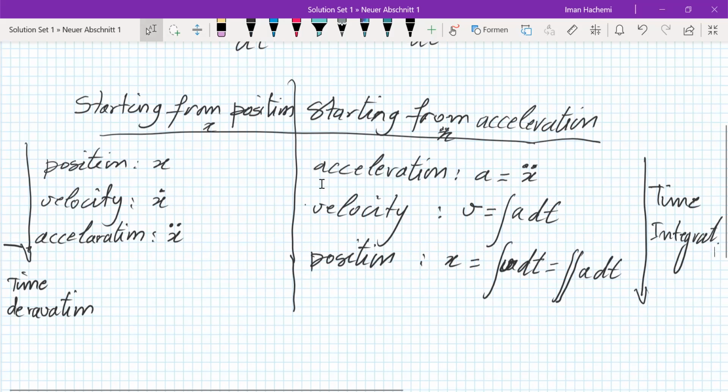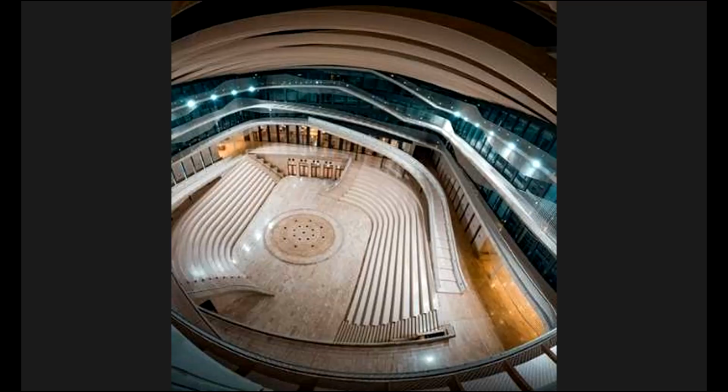And if we have the acceleration, in a certain case we know the acceleration and we need to know the velocity and the position. In this case, we have to make the integral. These are the principal things we have seen in the slide in the previous lecture, and some examples.